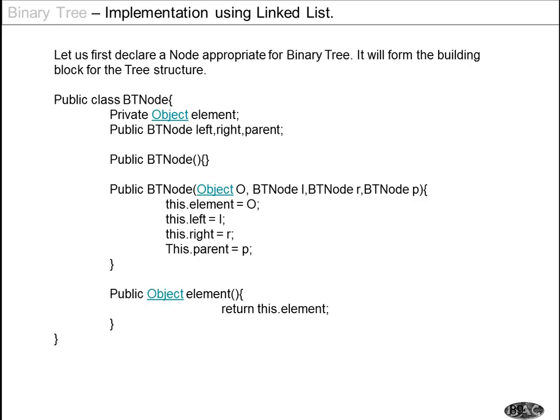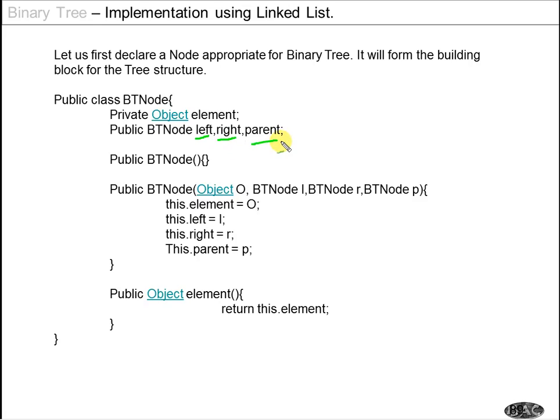How can you create a binary tree using a linked list? For that, first you have to create a binary tree node. And it will have left, right, and parent. Here if you see, there is a left node, there is a right node, there is a parent node.